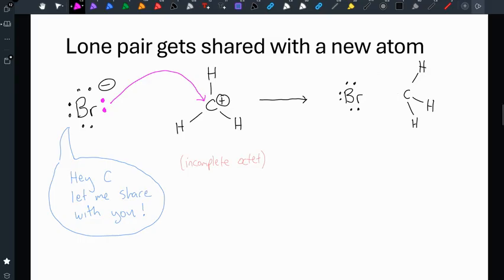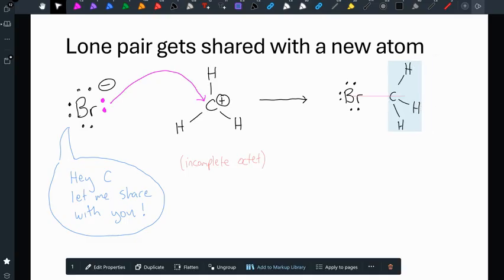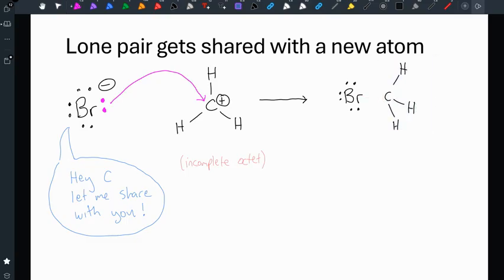I'm gonna shorten that up. So that pair of electrons that I highlighted in pink was a lone pair, now is a bond. That's your simplest kind of arrow. In this case, the carbon had an incomplete octet, so I didn't need to make any space at the carbon. There already was space. So that's a really simple example.